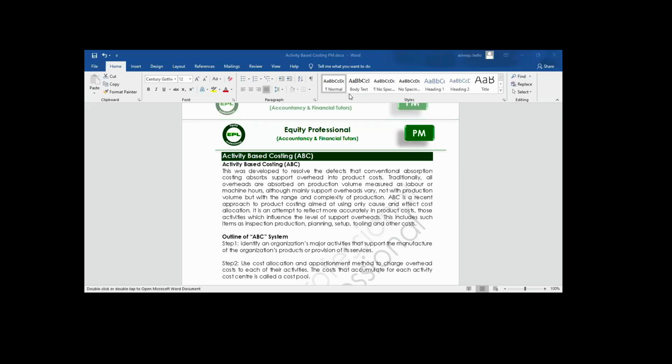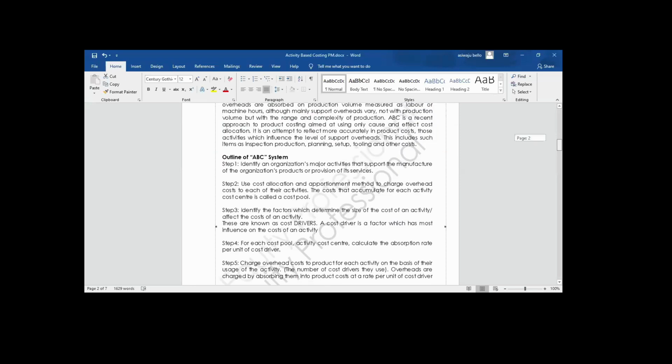Now, the steps involved if you are to use activity-based costing. Step 1, identify the major activities of the organization that support the production process.